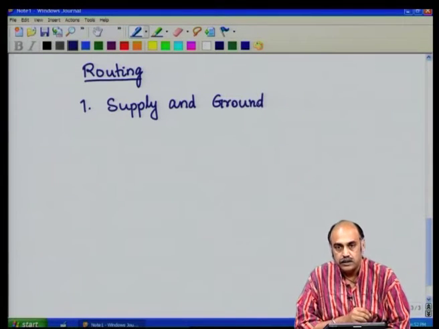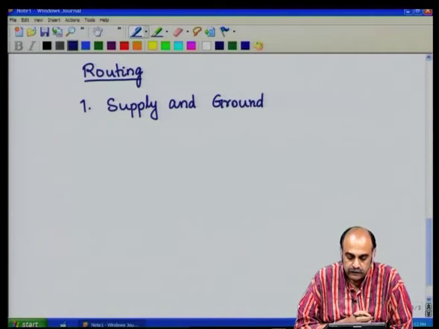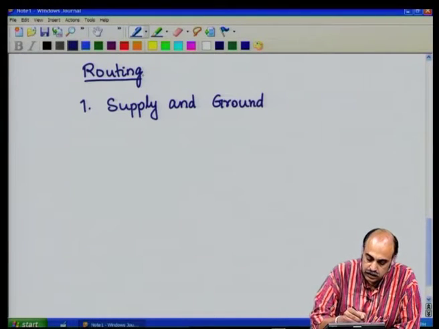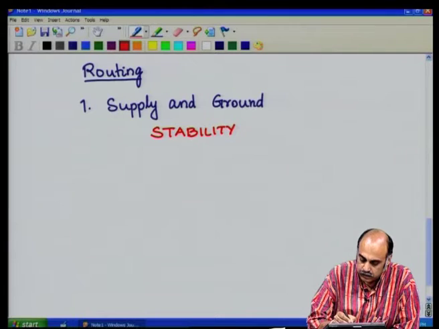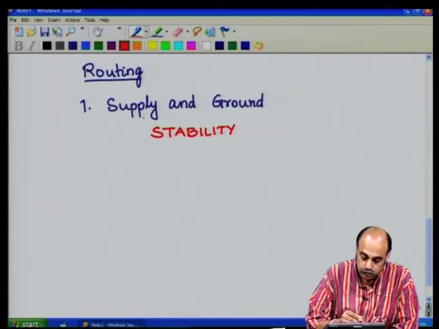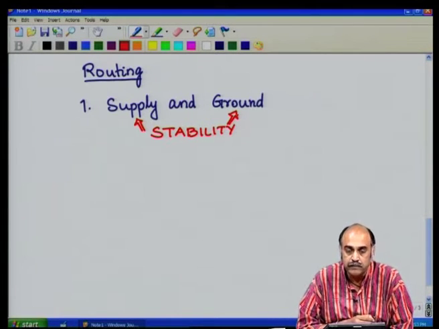In fact, the functioning of your entire printed wiring board depends upon the stability of both the supply and ground. This is in fact the most crucial part of your design.